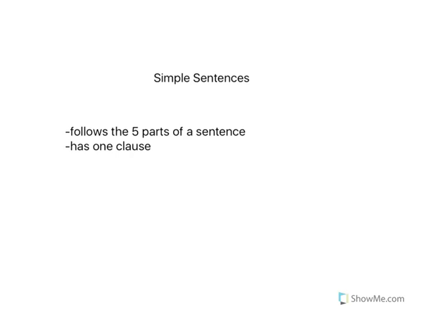What you need to know about a simple sentence is it follows the 5 rules of a sentence, just as all sentences do, which we learned about in the last lesson, and it always has one clause. So pretty much all the sentences we're going to be working with at the beginning of the year are going to be simple sentences because they will only have one clause.